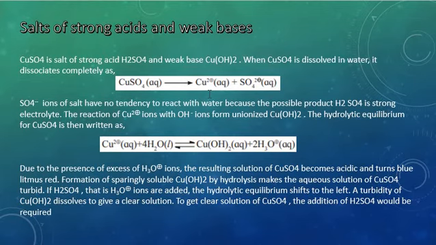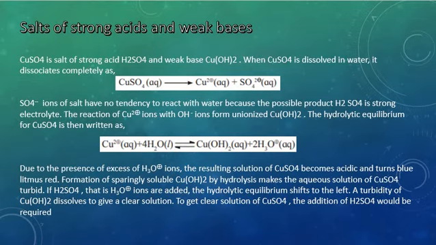Sulfate ions are coming from strong acid, that means they are not going to react with water and remain as SO4 minus 2 only. Now the reaction of cupric ion will start happening with the water to give cupric hydroxide and produce hydronium ion.